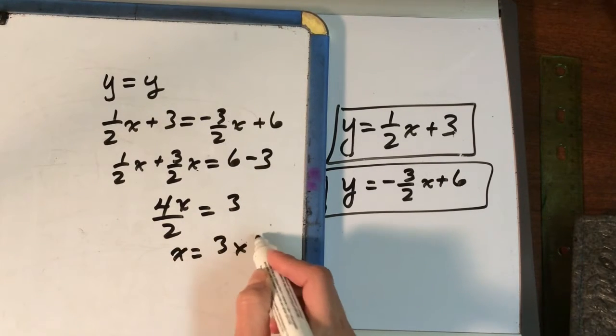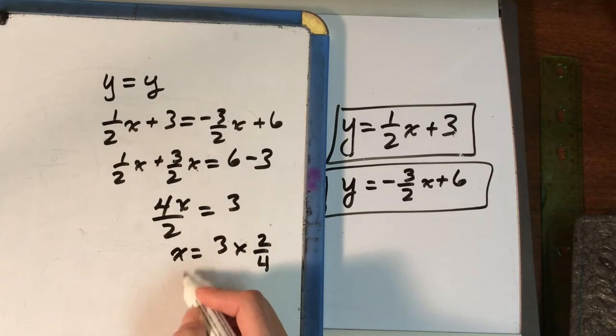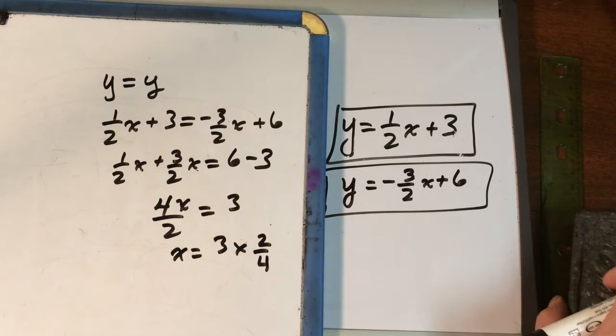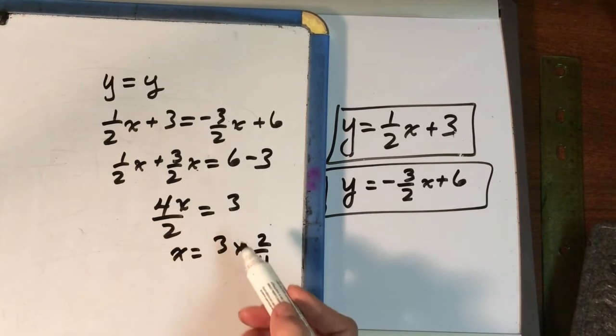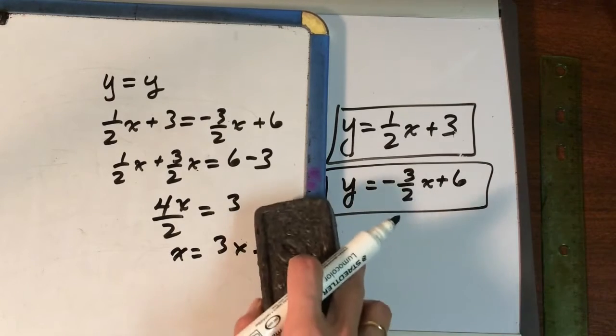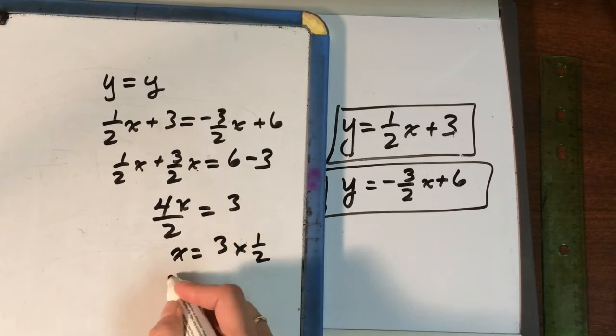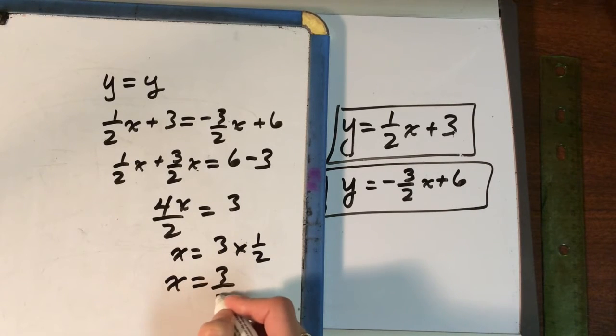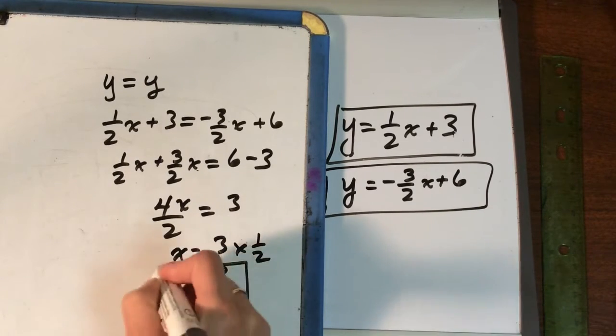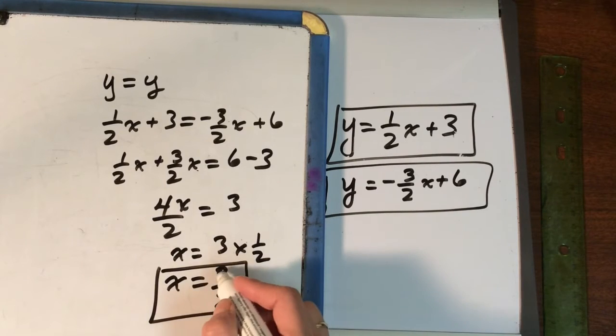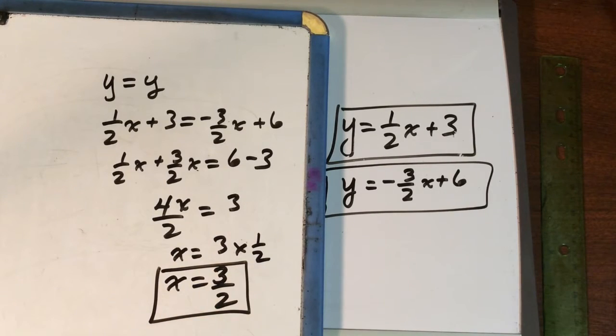So 3 times 2 over 4. Really, I could have done it easier, 4 over 2 is 2, and then that would be times 1/2. x is equal to 3 over 2. Sometimes things look really easy and you can't see them. And so this is my x value.